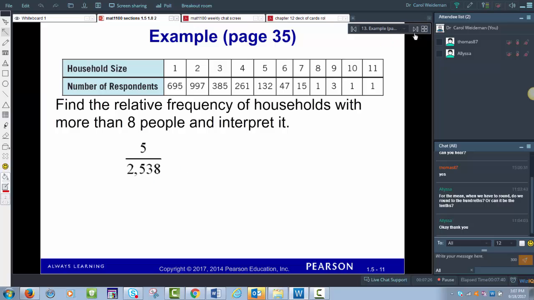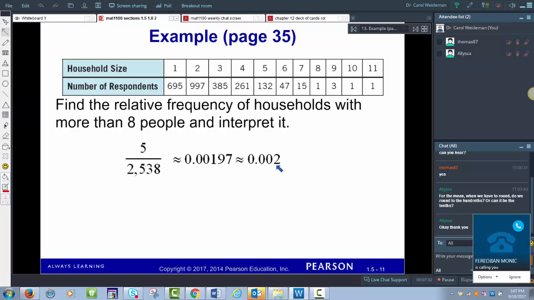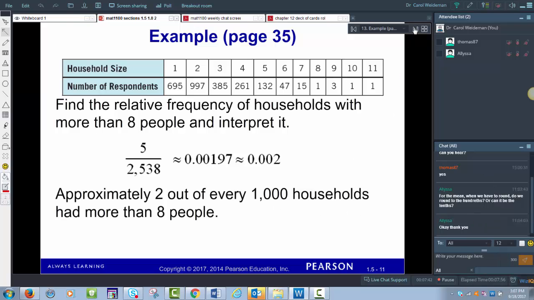And I think I also showed this as a decimal and then the percent, which would be 0.2%. All right. So approximately 2 out of every 1,000 had more than 8 people in their household. That was the interpretation of that particular question.